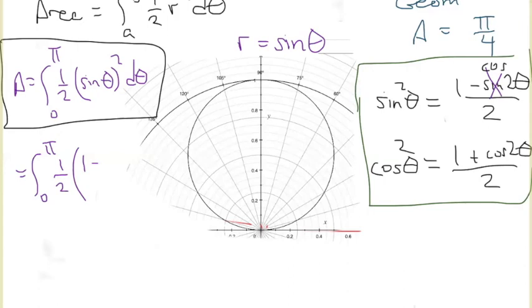So it's 1 plus or minus the cosine of 2 theta over 2. Get used to these. Forget about memorizing them, just have a note card because you will need them a lot. So we're looking at the integral of 1 minus cosine of 2 theta over 2 d theta, and this is squared.